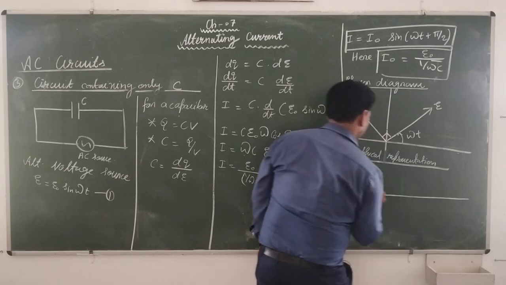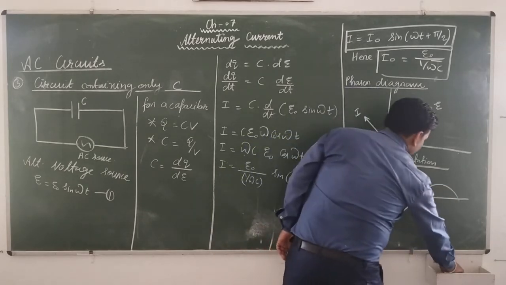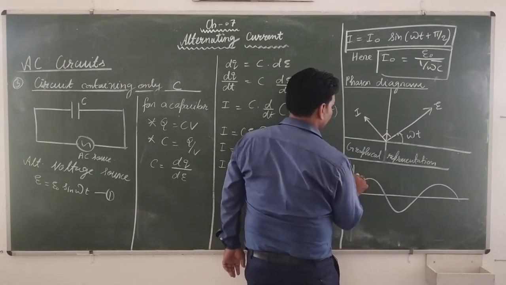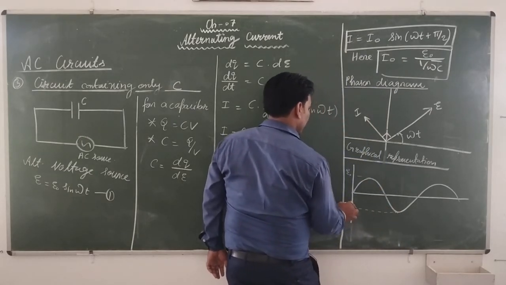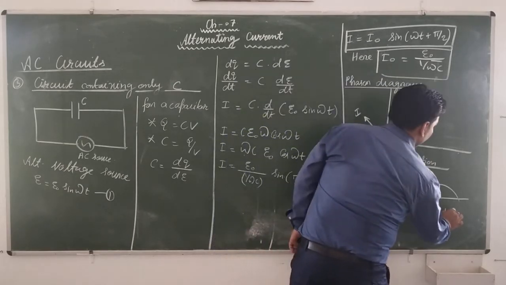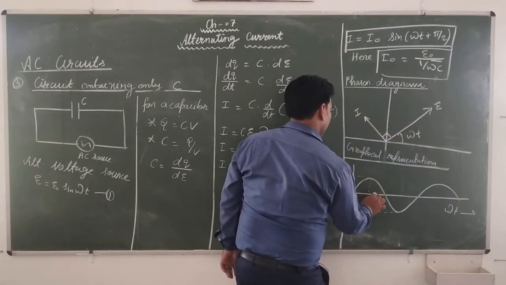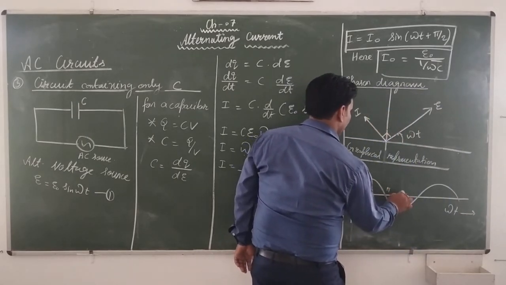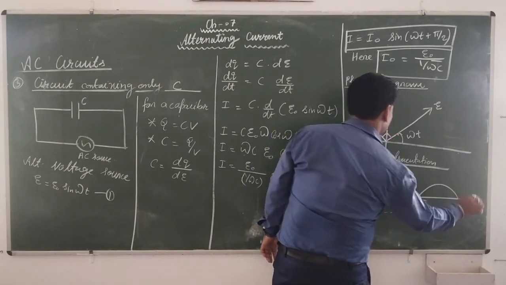For EMF, a simple sine curve will be there. This is your E naught. This is your minus E naught. On the axis, I am taking omega t. This angle is pi by 2, this angle is pi, this is 3 pi by 2, this is 2 pi and so on.